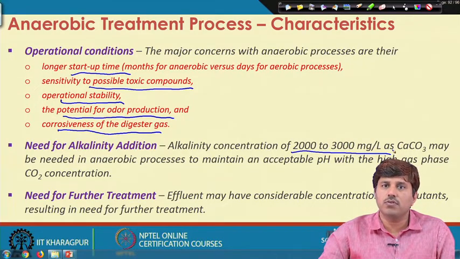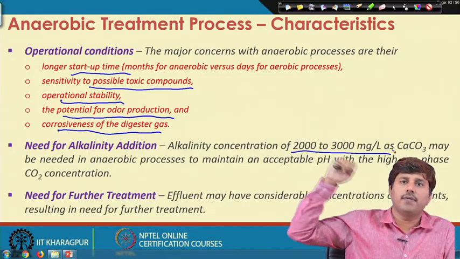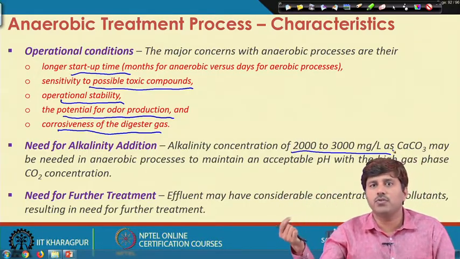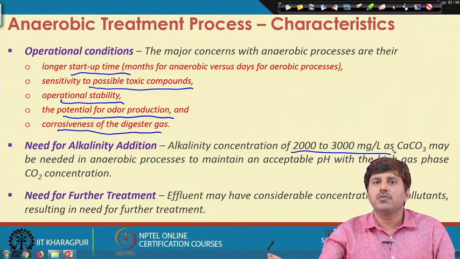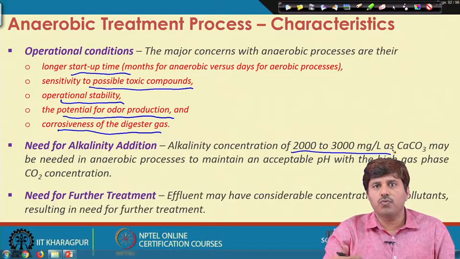So, if let us say your COD limit is 30, and you are starting with a waste having an influent COD of 2000 milligram per liter, it may bring it down to say 300, 400, 200 in that range, but it may not bring it down to 30.